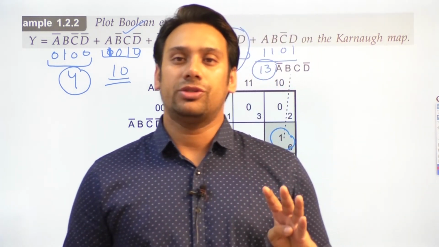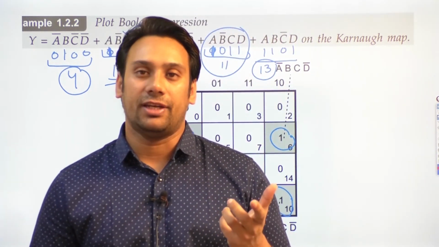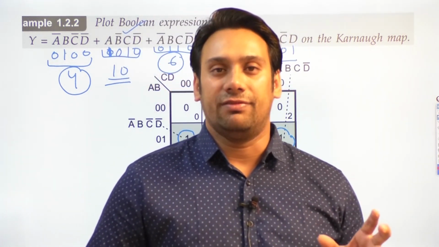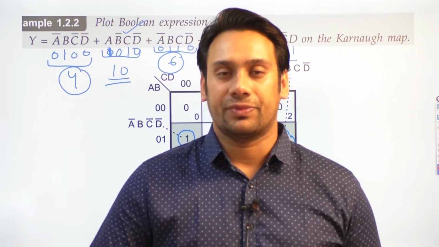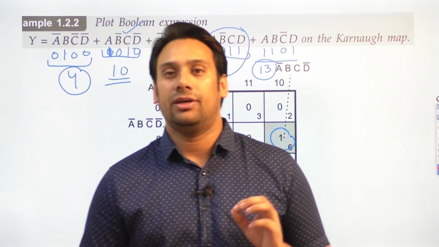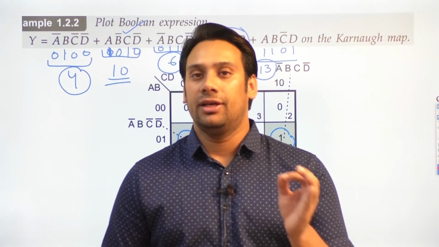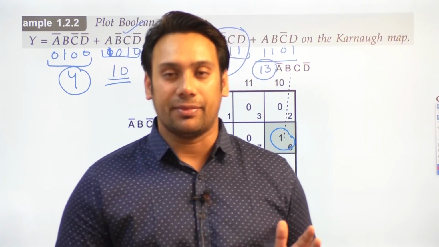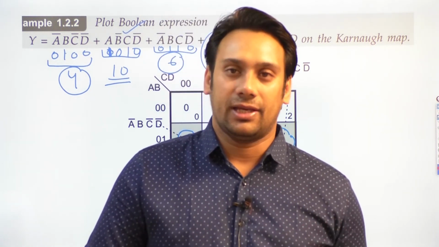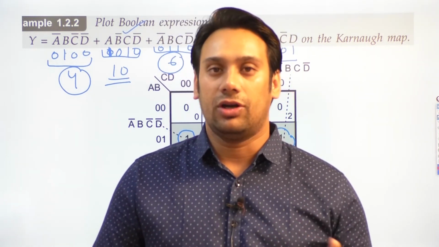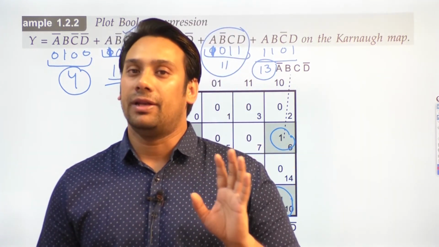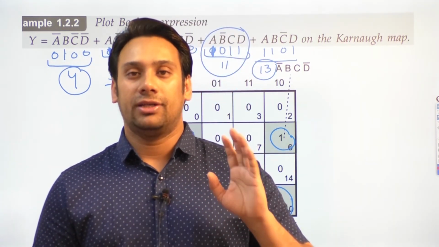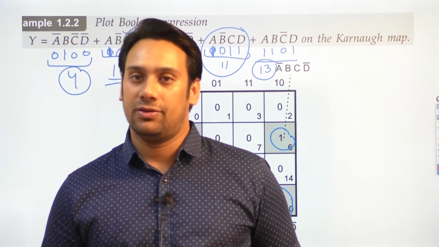But we can also create a K-map for 5 variables, but making a K-map for 5 variables is very time consuming as well as tricky, right? In your examination, maximum you will get up to 4 variables. आपके एग्जाम में आपको मैक्सिमम 4 वेरिएबल्स तक ही के मैप आएगा. आपको 5 वेरिएबल का के मैप नहीं आएगा. You will only get K-maps for 3 variables as well as 4 variables.